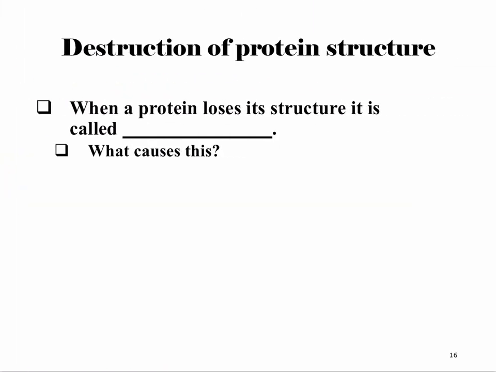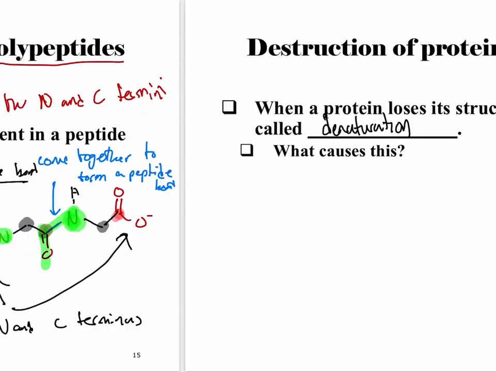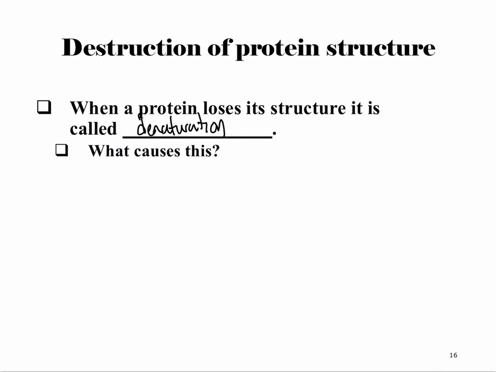When we destroy the structure of proteins, this is called denaturation of the protein. And we're not going to talk much about enzyme functionality and whatnot here, but remember we talked about how structure and function are extremely important in proteins. If you denature a protein, this means that you lose its function.